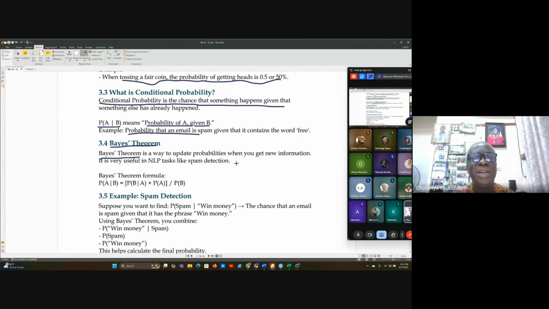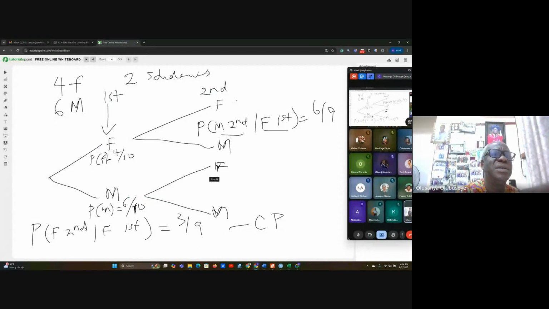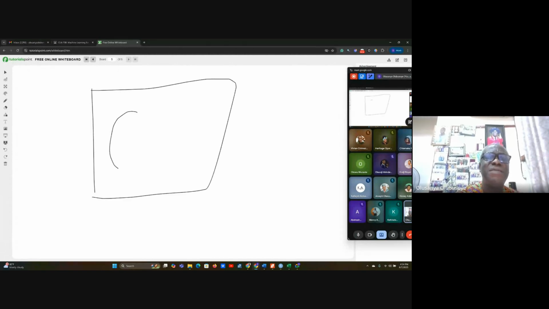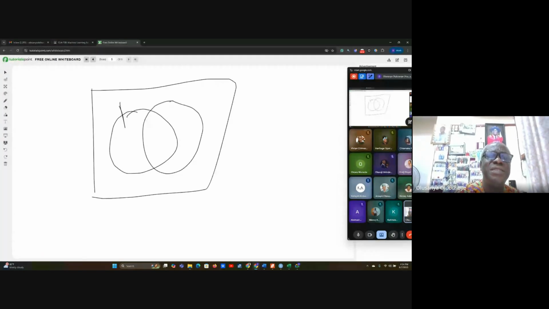So if you have this, total probability for instance, and you have this event, this is event A, this is event B. So this is what is common to the two.